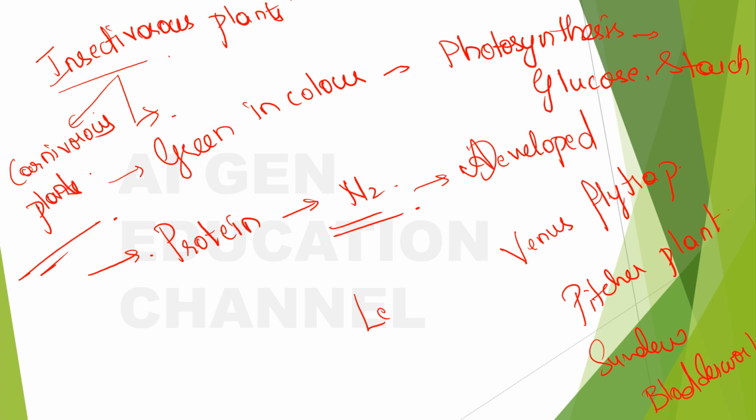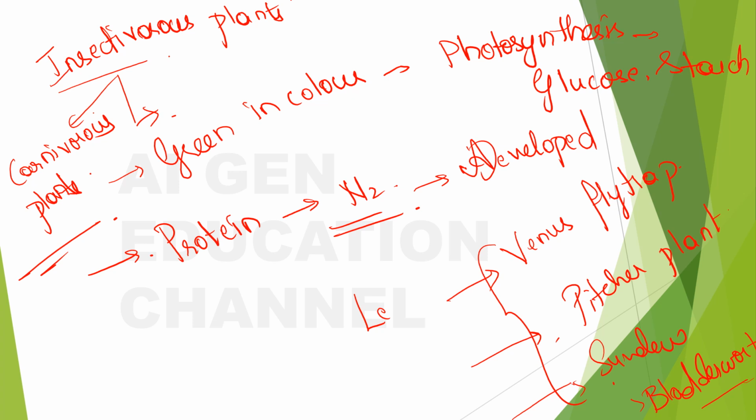Not just these, actually there are many other plants too, but for the examples here I am specifying, I have added the word and. Every plant here has its own structures, they are not similar. Whatever structures you find in Venus flytrap, you cannot find in the pitcher plant.